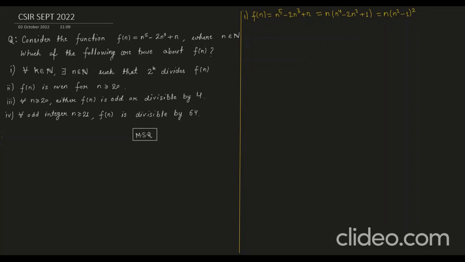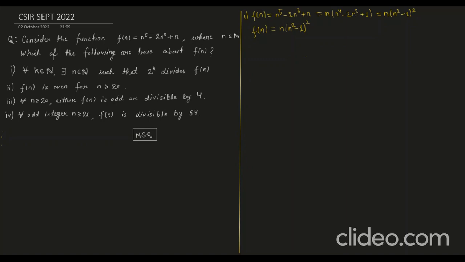We know the identity a minus b whole square. So eventually we will have f(n) equals n times n square minus 1 whole square, right? What can you say about this modified function?